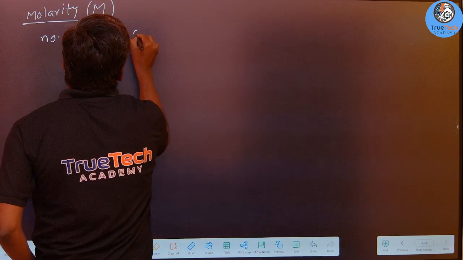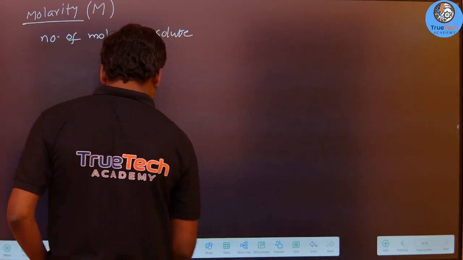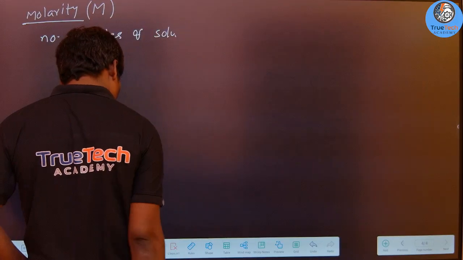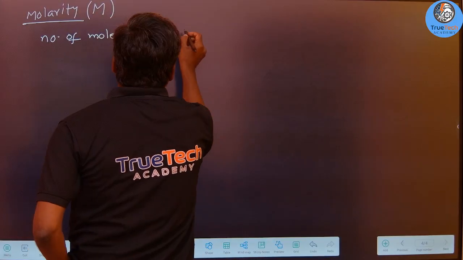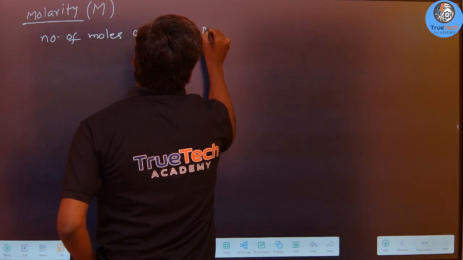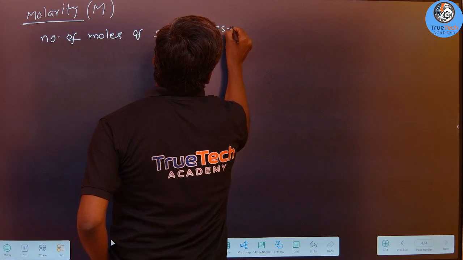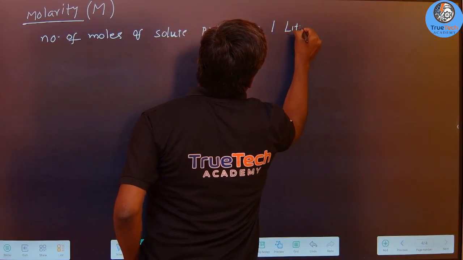Number of moles of solute present in 1 liter of solution.